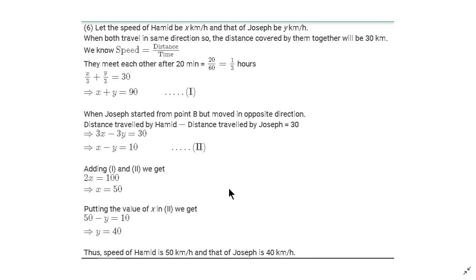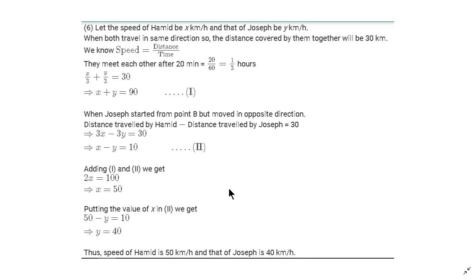I will read it again. There are two places A and B which are 30 km apart. Also they are on a straight road. Hamid travels A to B on bike.